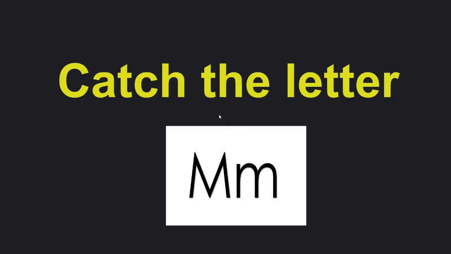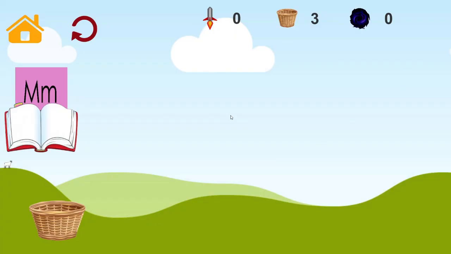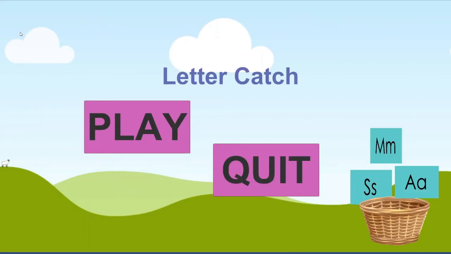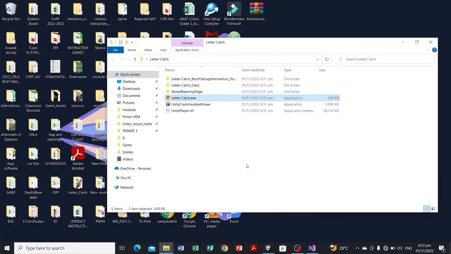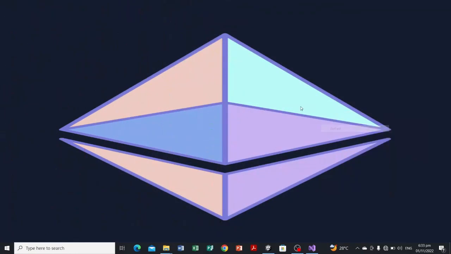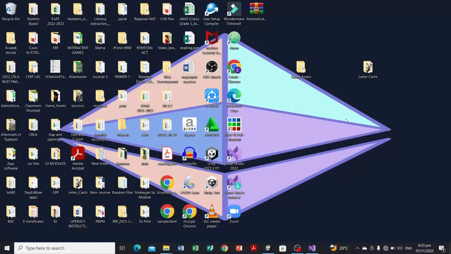So play, catch the letter. So we will be waiting for 8 seconds. And then we're not gonna play that again. We're just gonna simply quit. And there you have it. So next we will now be building or creating the installer for this game.